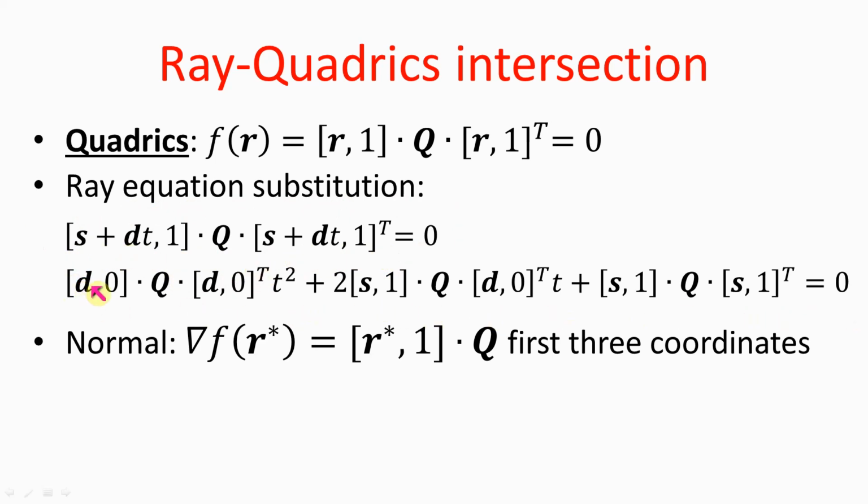Since d times t and 0 times t is proportional to t, we can extract t, and t shows up as a scalar parameter of this quadratic form.